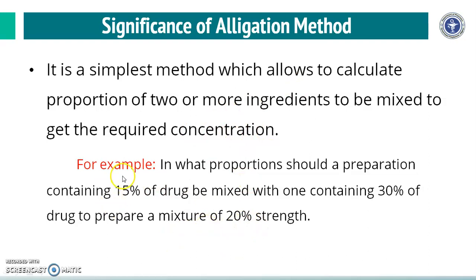That means two drugs with strengths of 15% and 30% can be mixed together to get 20% strength. But how much quantity needs to be mixed? That can be found out by the alligation method.